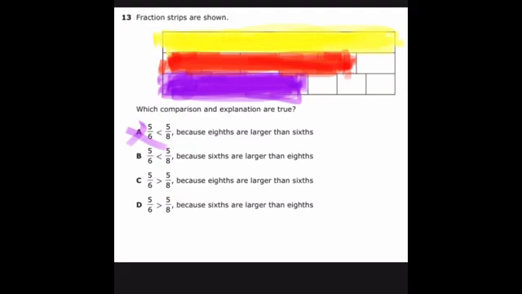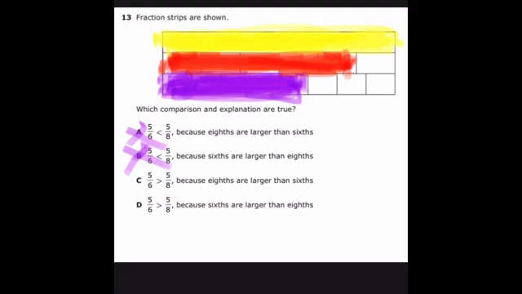Make sure that your kid is reading every single question and every single answer choice in its entirety, because they put questions and answers like this to try to trick them into picking the wrong answer. Your child could understand that sixths are bigger than eighths, but still miss this question because they didn't look at the first part that has the symbols. So make sure they understand what the symbols mean, and that the whole answer choice has to be true.